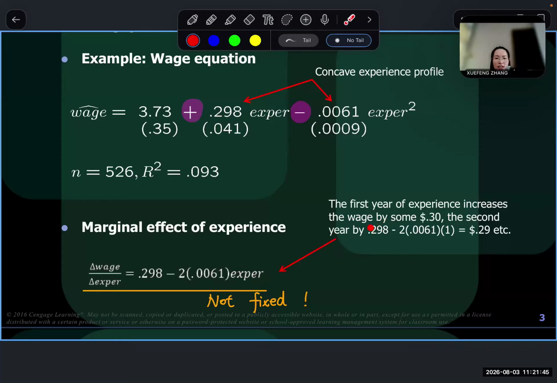So let's check with real numbers, okay? Suppose we're going from 0 to 1 year. It raises wage by about $0.3, okay? And how about going from 1 to 2 years?